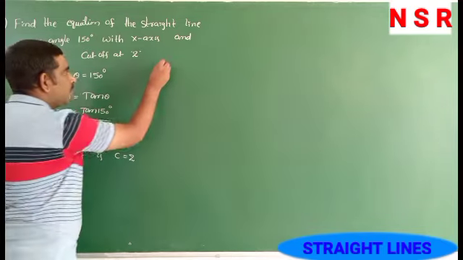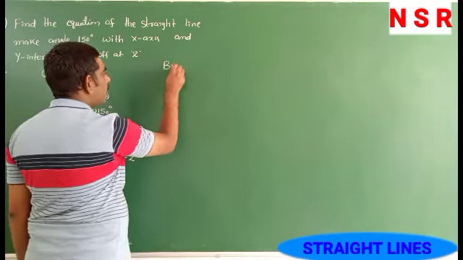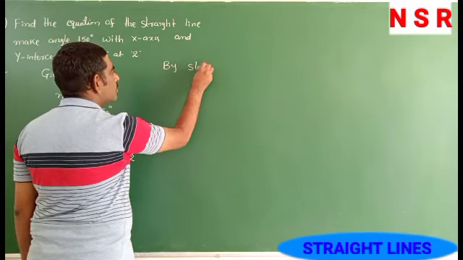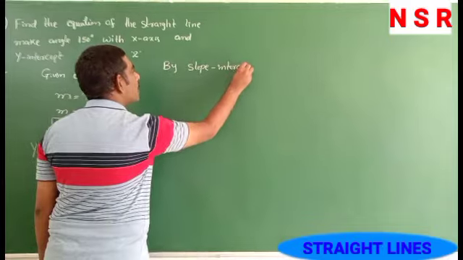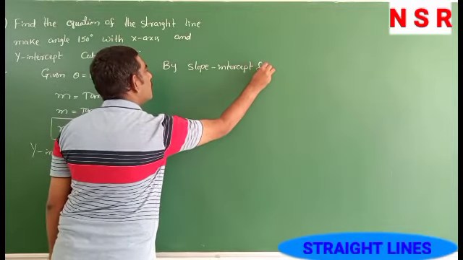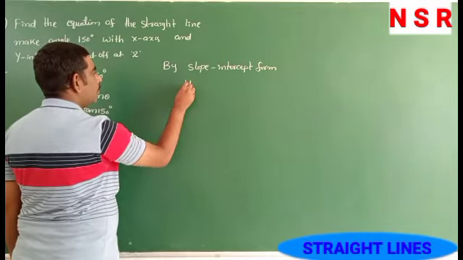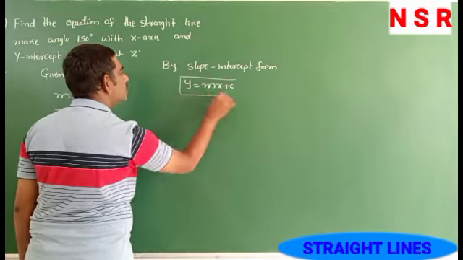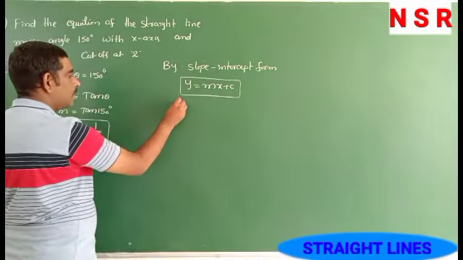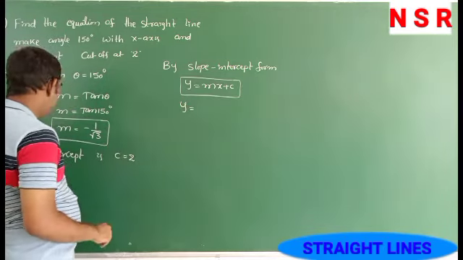Now apply slope intercept form. Y is equal to mx plus c. This is the formula of slope intercept form. Now substitute m and c value.